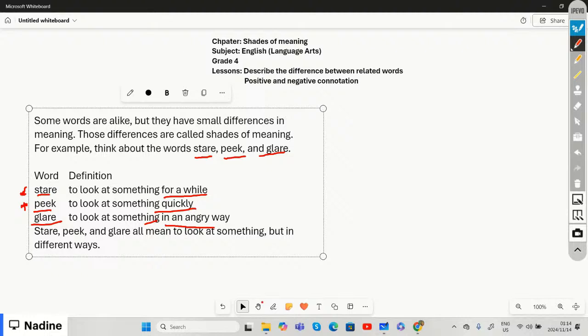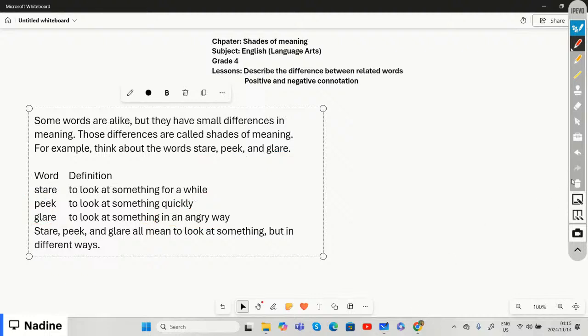Once again, we said some of the words are alike, but they have small differences in their meanings. And those differences in meanings we call shades of meaning.